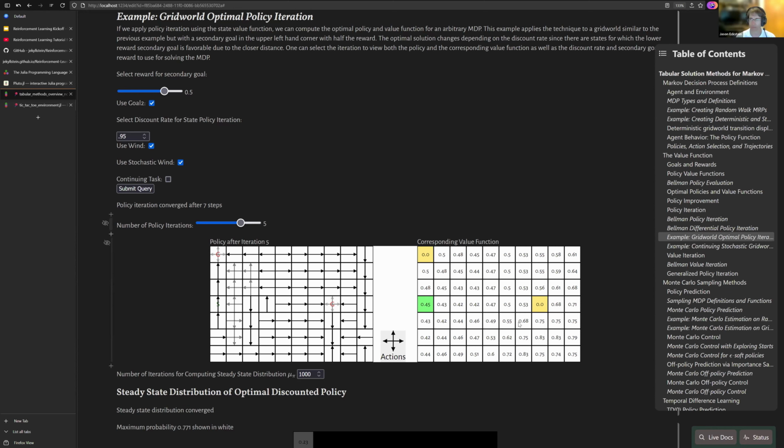If you're sampling and you have a simulator, it depends on how fast your simulator is, because you're going to have to use that to collect samples. If you have a really slow simulator, then it's going to take a very long time to solve the problem.